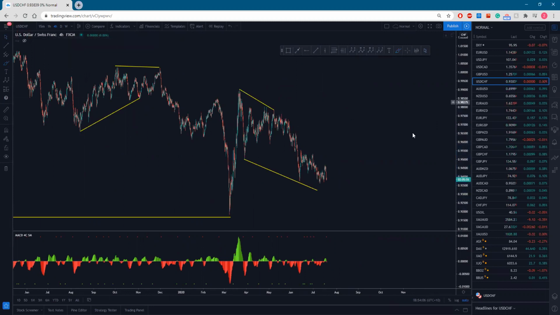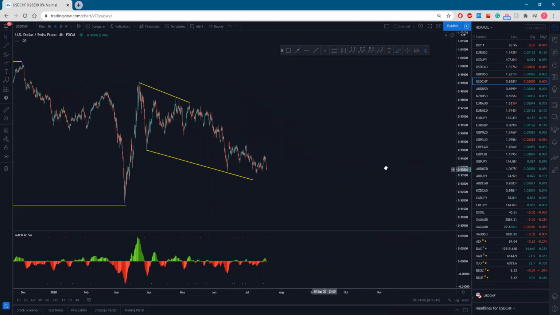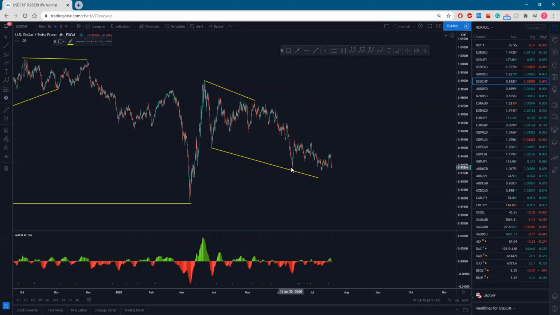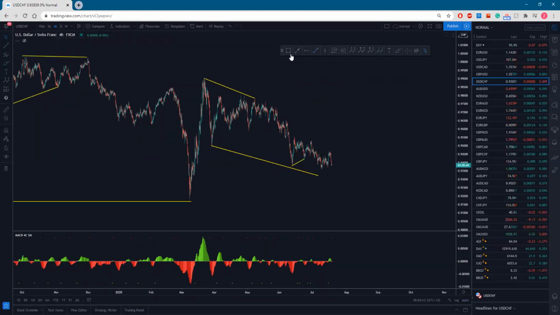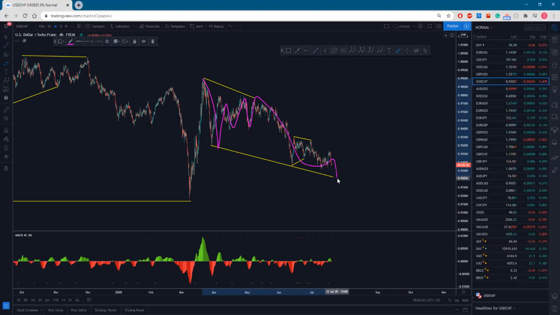However, because of the spiky, volatile nature of the Swiss, I haven't yet changed the overall outlook. So I'm still looking at it as A, 2, 3. This is your C.